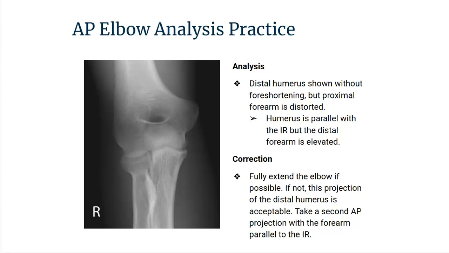Again, if the elbow joint space is closed or the anatomy is distorted, or foreshortened, I should say, we should know that we need to extend the elbow so that it is parallel with the IR. Both the proximal humerus and distal forearm here should be in alignment.